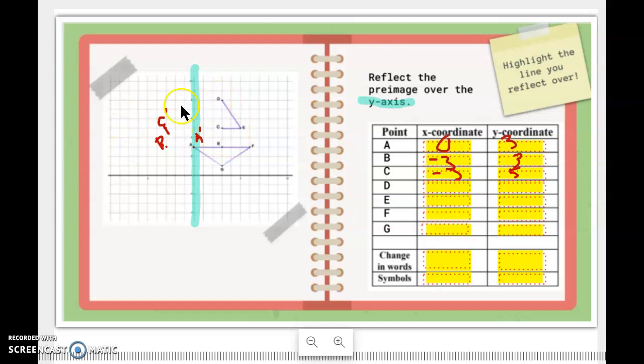D is also 3 away from the y-axis, so D prime is going to be 3 away in the opposite direction, making its coordinates -3, 8.